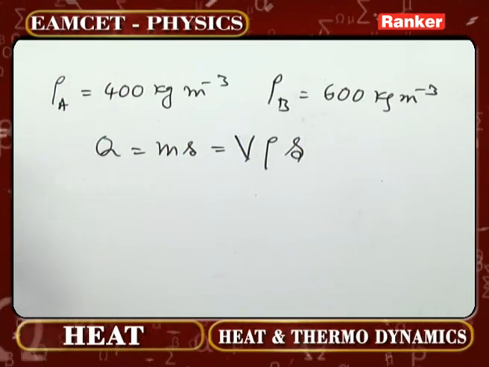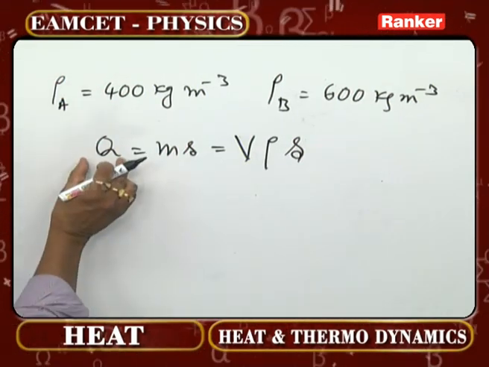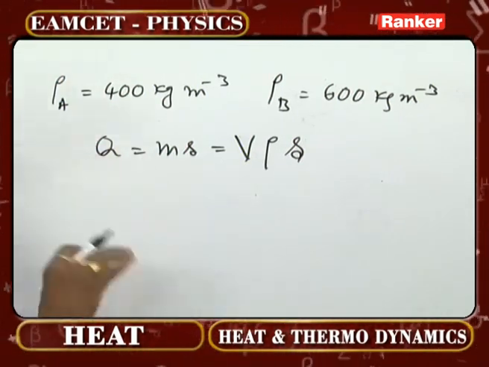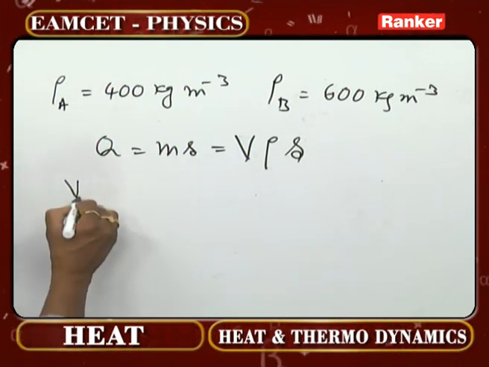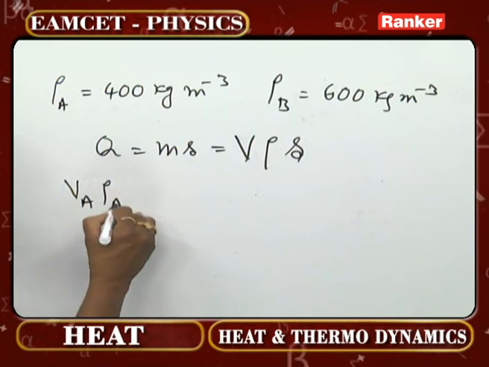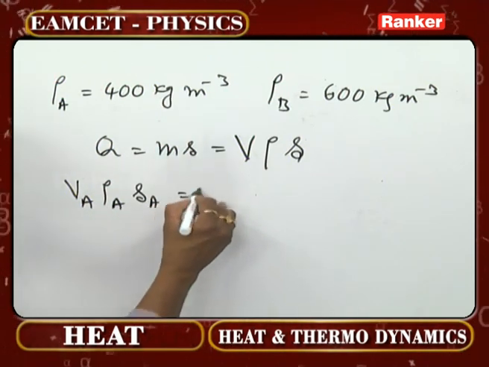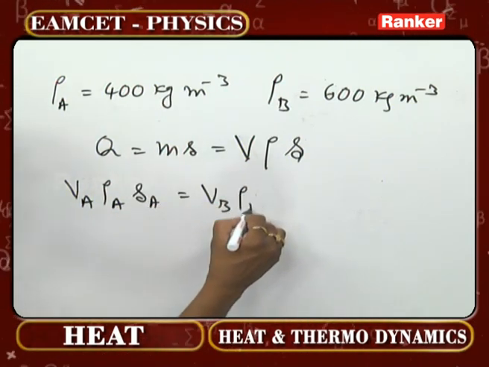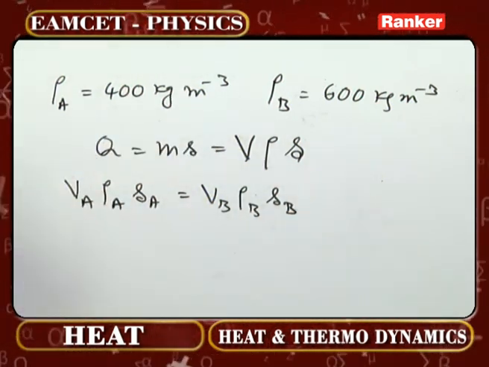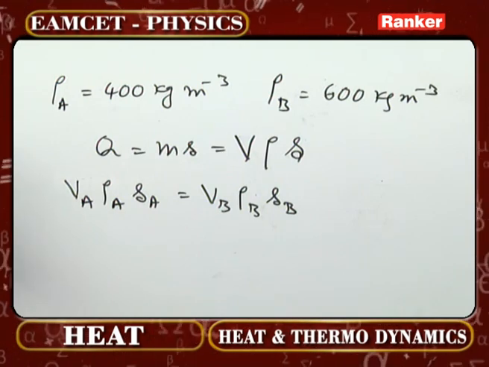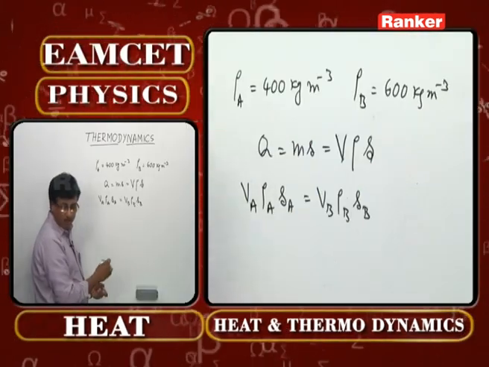Now his question is, the value of thermal capacities are equal for both the materials. Means what you can understand? VA rho A into SA must be equal to VB rho B into SB, if I consider A and B as the two substances. Now what is VA given?